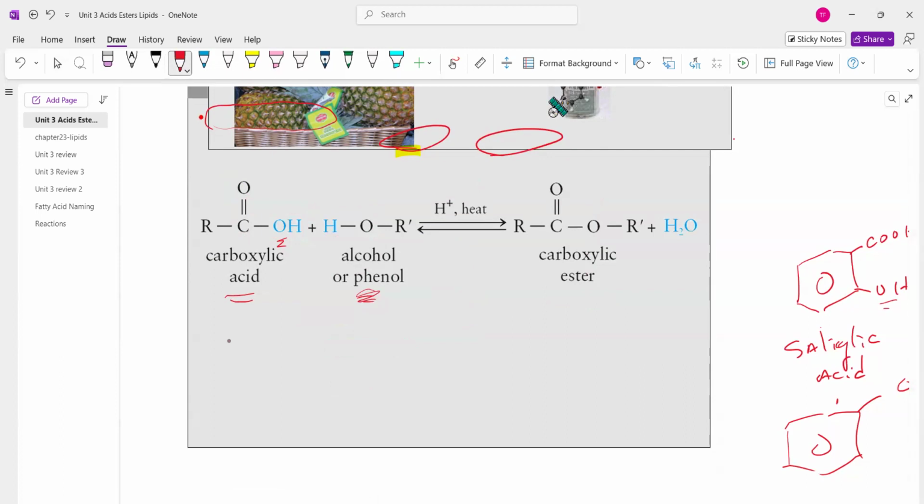This is number one way to make it. So we have an acid and an alcohol. Now it could be a phenol, which remember looks like this. And we need to throw in a little bit of acidic conditions and heat, and we'll end up with an ester.